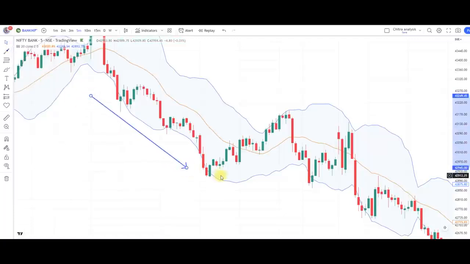This setup we can call as traded outside the Bollinger Band and traded inside the Bollinger Band. You can see here the red candle, this candle opened inside the Bollinger Band and closed outside the Bollinger Band. The next immediate green candle opened outside the Bollinger Band and closed inside the Bollinger Band.